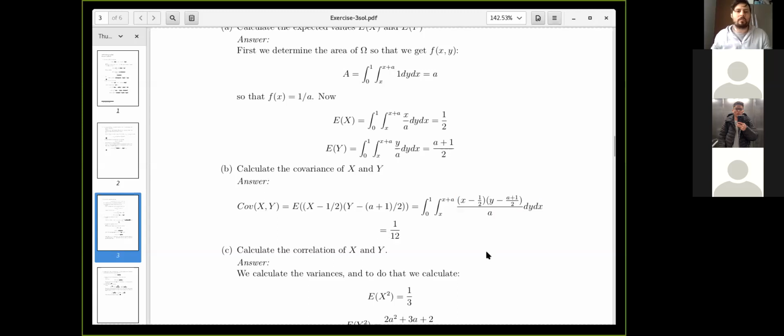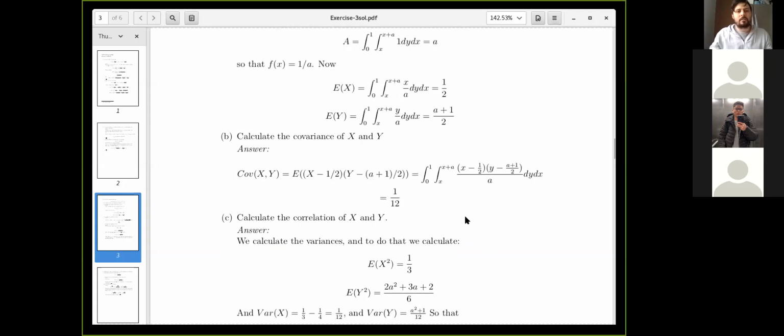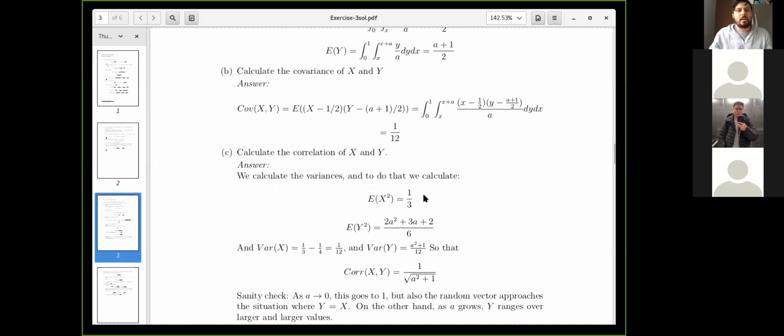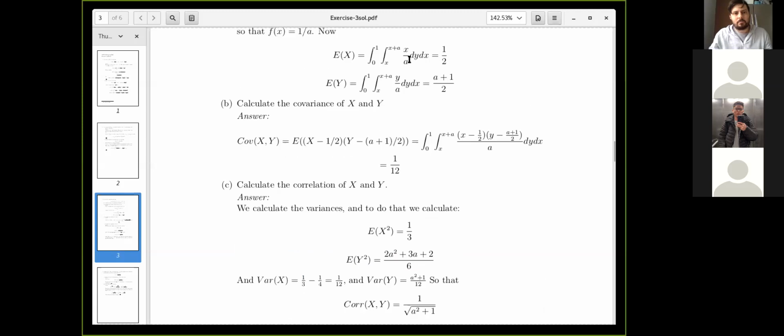Covariance is 1/12. The thing is, we can then calculate the correlation. In order to calculate the correlation, we have to calculate the variances. If we calculate the expected value of x squared, it's really easy because this just becomes x squared here, so the outer one doesn't have a big effect on it.